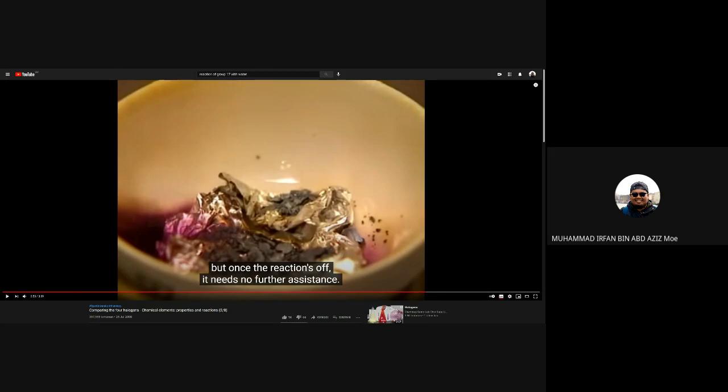Okay, with liquid bromine, we just drop the aluminium into the liquid bromine. But for iodine, we need to heat it up, because without heat energy, it will take much longer. That's why we can observe, going down the group, fluorine is at the top and iodine is at the bottom. When going down the group, the reactivity decreases.